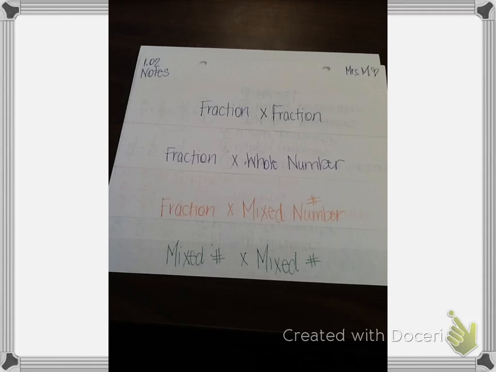And then the fourth section or flap is a mixed number times a mixed number. So make sure you put your name on it like you see here. And to label it, you can label it notes. Go ahead and copy down each of those sections.